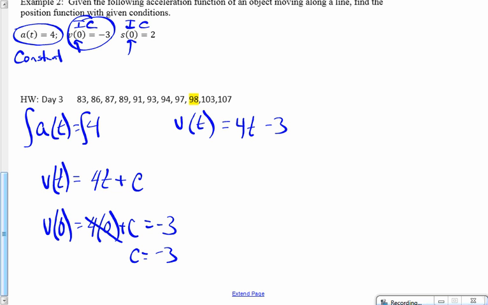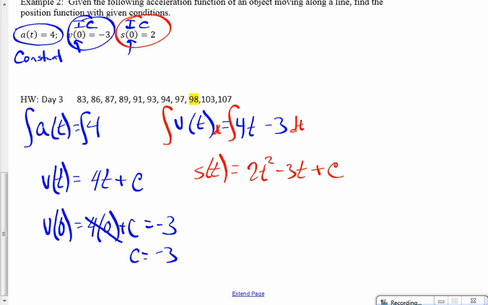We can then go back to position. If we take that antiderivative process again, we'll get back to position. S of t will be equal to 4t squared over 2, which is 2t squared, minus 3t plus a constant of integration. We'll use that initial condition.